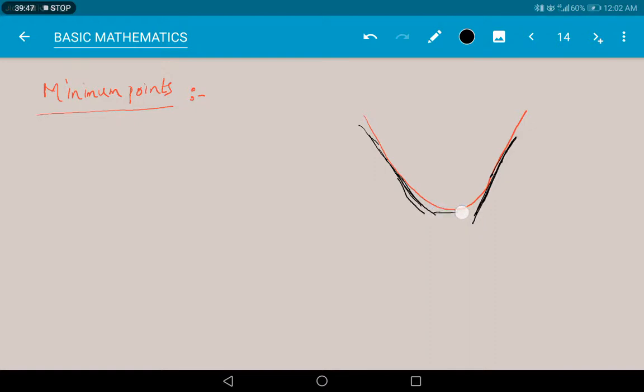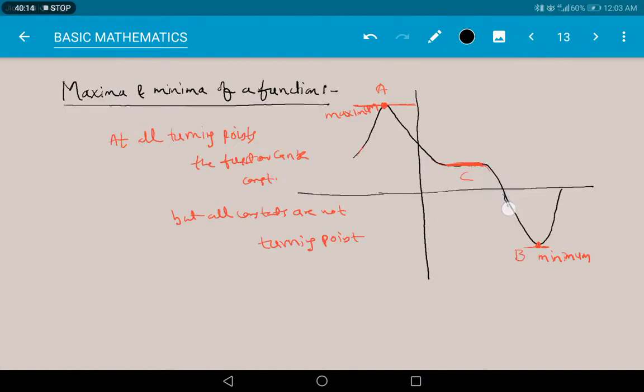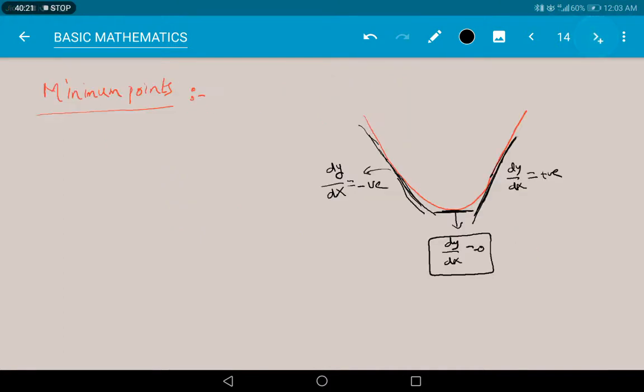Here the slope of the function dy by dx is a negative slope, and here dy by dx is positive slope, and here dy by dx is 0. Okay, now the same graph, I am taking this portion. With this portion we are going to find out what is the minimum value of the given function.